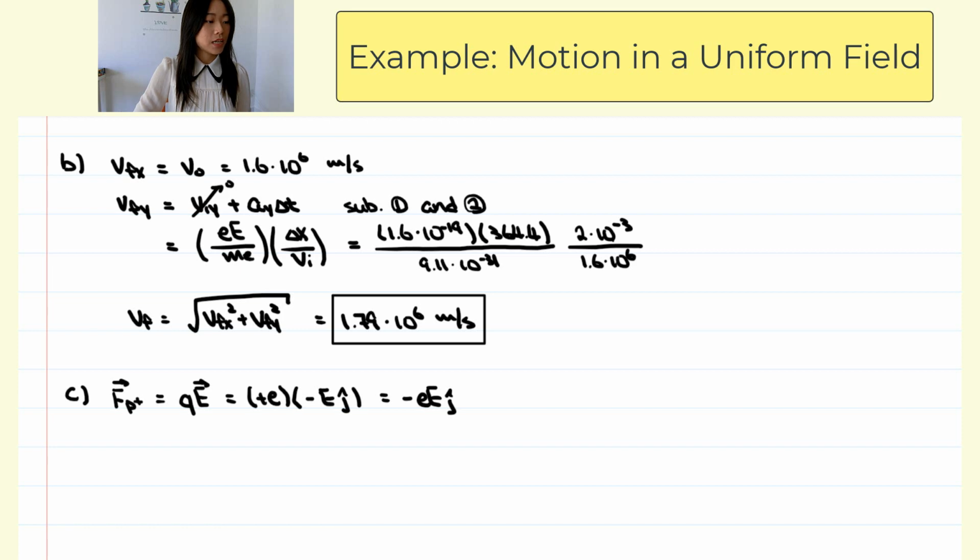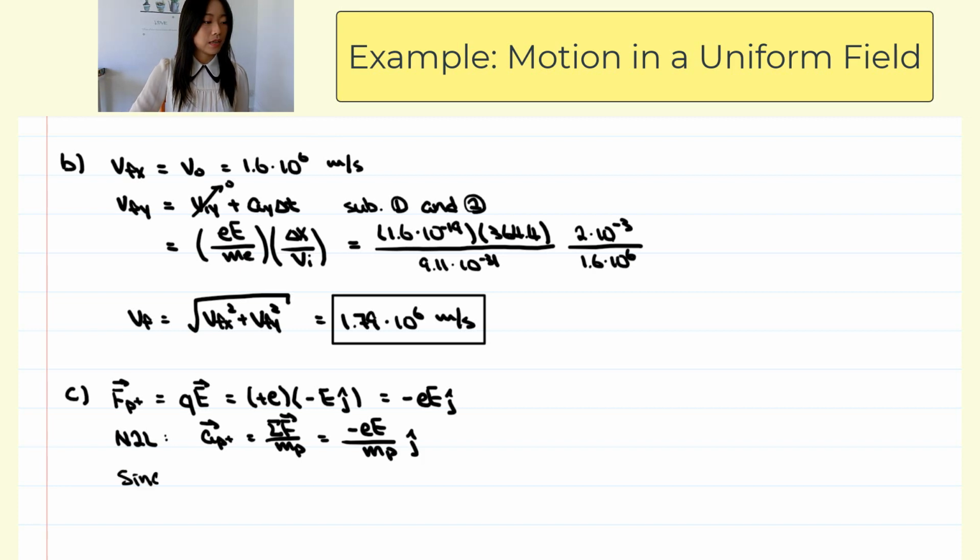And same thing, using Newton's second law, the acceleration of the proton would be the net force on the proton divided by the mass of the proton. And we're ignoring the gravity force again. So the net force equals the electric force, which is negative e times the electric field divided by the mass of the proton in the j hat direction.